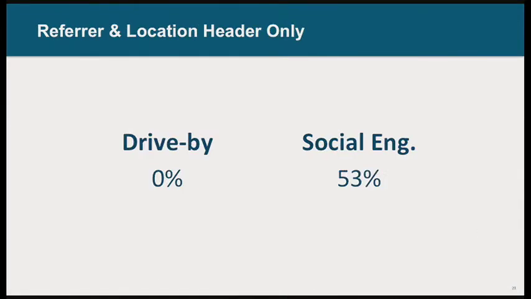I mentioned before that you can't just use the referer and location headers. From our study data, if you only use the referer and location headers, you could trace back 0%. None of the drive-by downloads could be traced back using only those headers. About 50% of the social engineering downloads that we observed could be traced back using them.